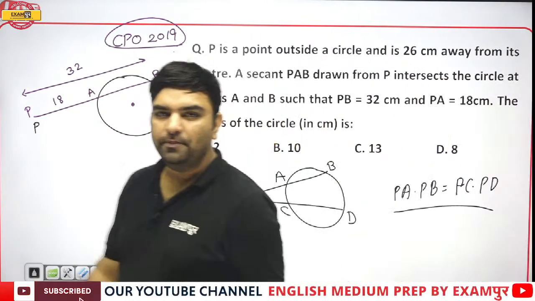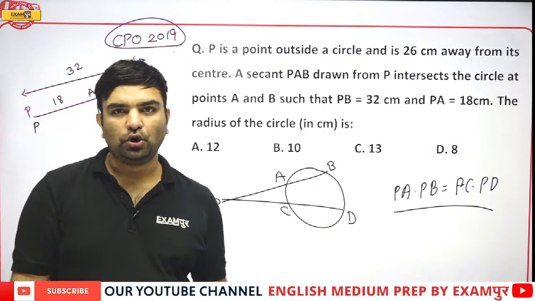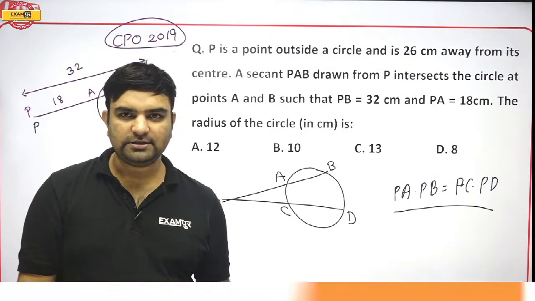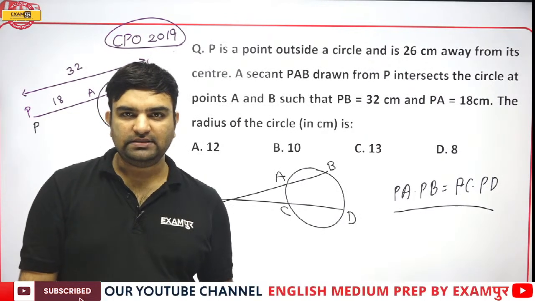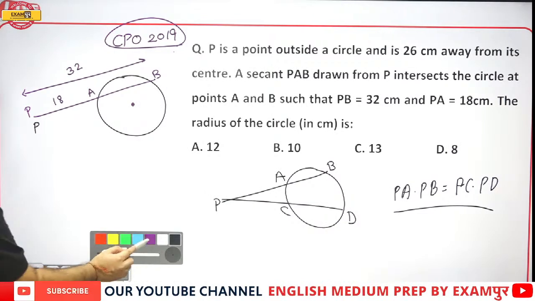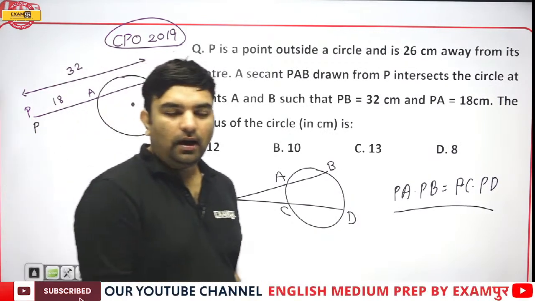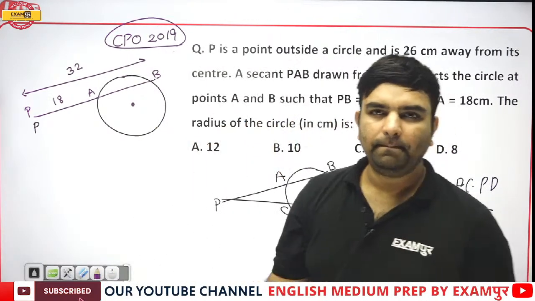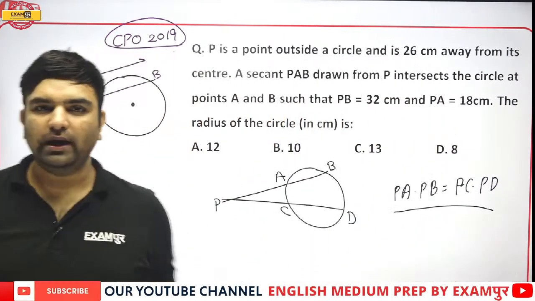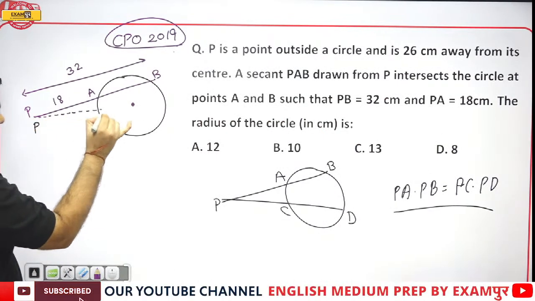But there is only 1 secant. How can we create one more, guys? We can create one more like this.